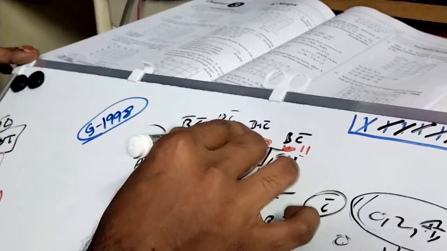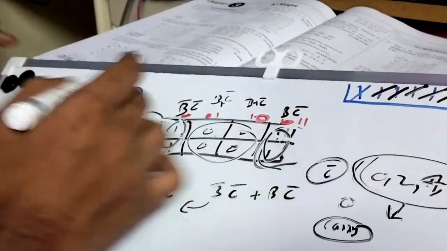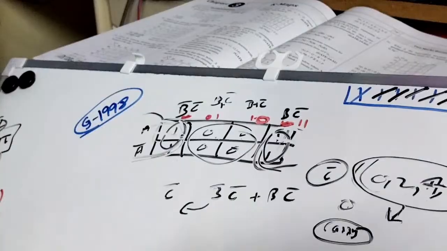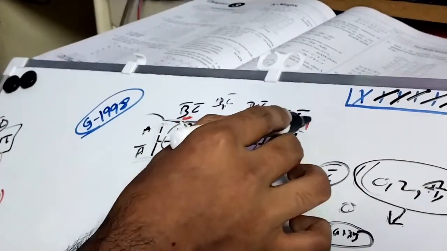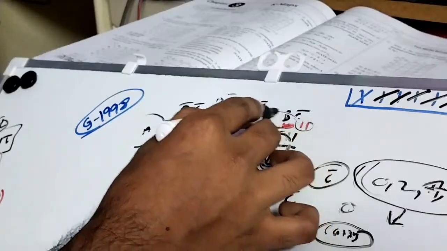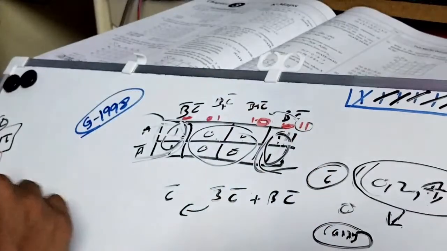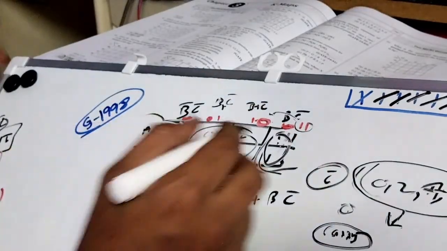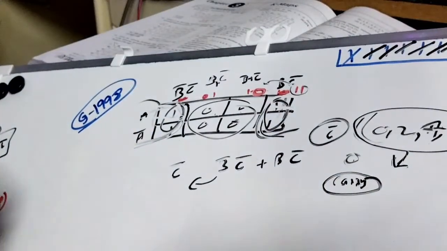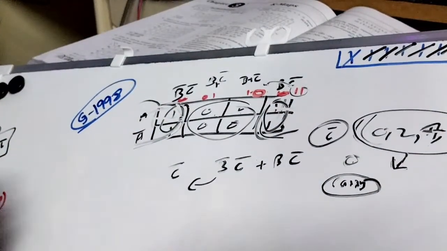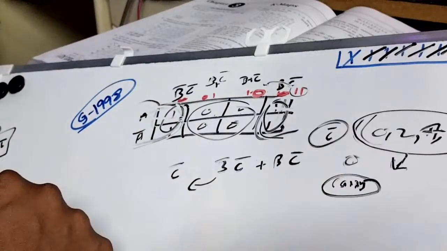Okay, this might be the actual question. So if you rearrange the K map, these terms will become here and will become here. So now it comes as this.